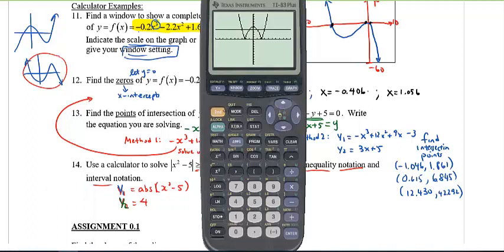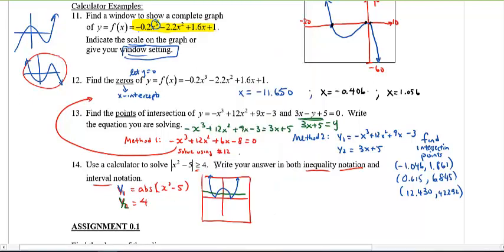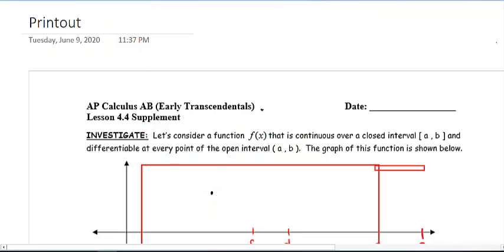So once again, second calc, choose intersection. I'll quickly find the one to the left, and I hope you can see that there's actually symmetry amongst this graph. So if I find one, I found the other one, negative 3.